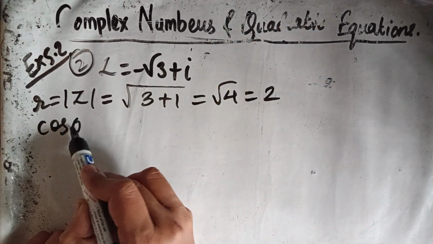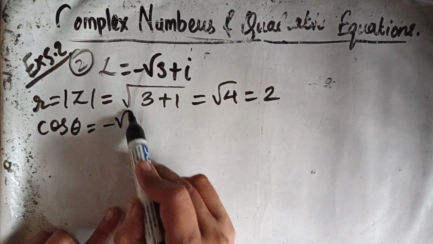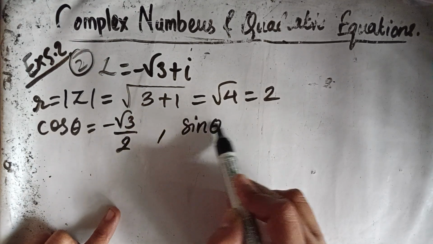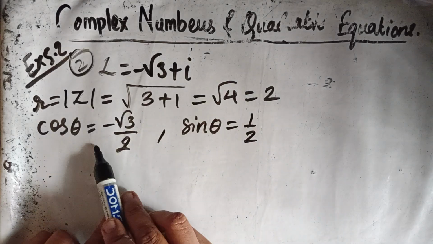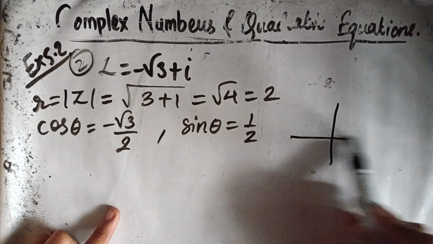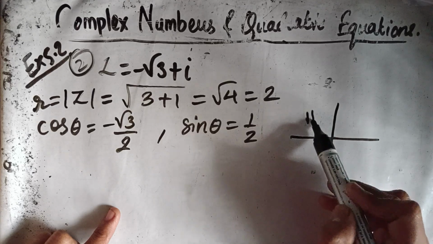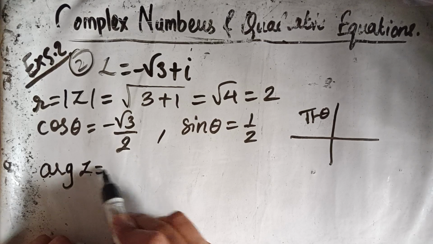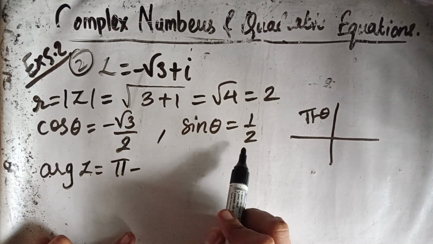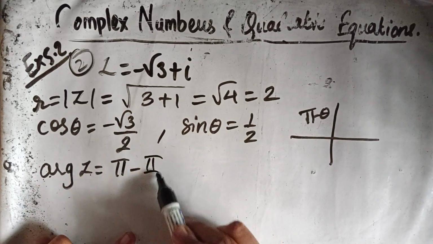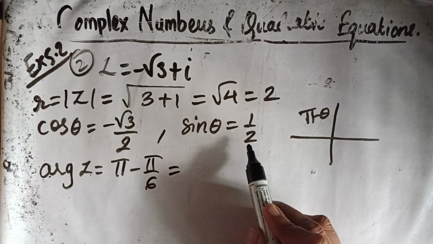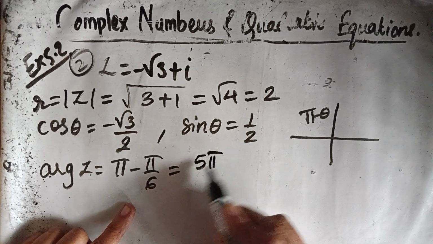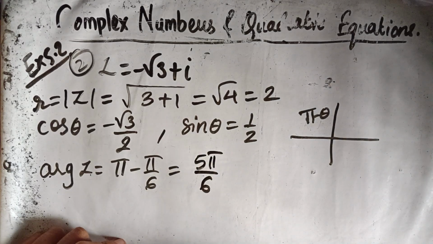Cos theta is minus root 3 by 2, sin theta is 1 upon 2. Cos is negative, sin is positive. This falls in the second quadrant. In the second quadrant, it is pi minus theta. So arg of z, pi minus theta, where theta is pi by 6, this is 30 degree. So 5 pi by 6.